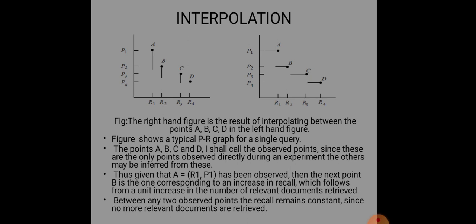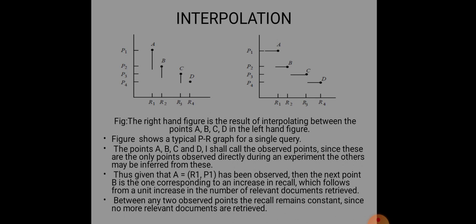So we need to infer those values from the existing observed values. If you take the case of this point A, we have R1 and R2 that have been observed. Then the next point B is the one corresponding to an increase in recall. We can experience an increase in recall, which follows from a unit increase in the number of relevant documents retrieved.